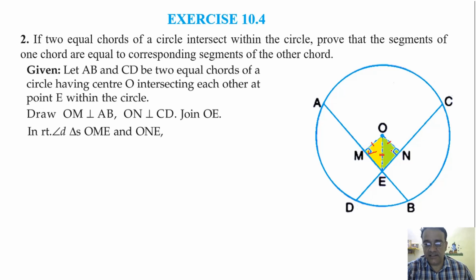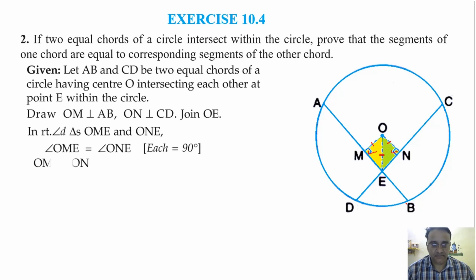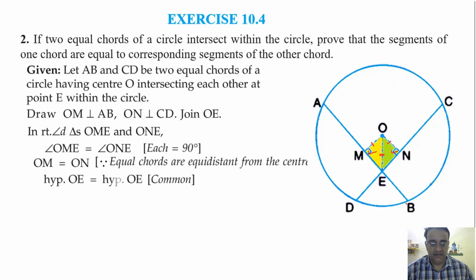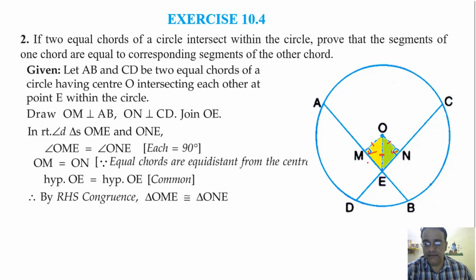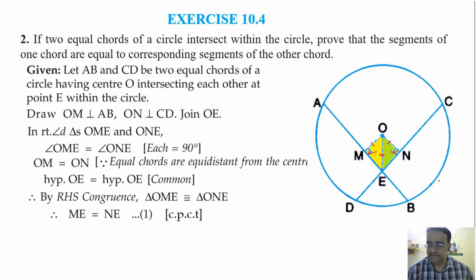And these two angles are equal, each 90 degrees. Right? So these two triangles are congruent by which criteria? RHS criteria. Right, RHS congruence rule. Now if these two triangles are congruent, so ME is equal to NE by CPCT.